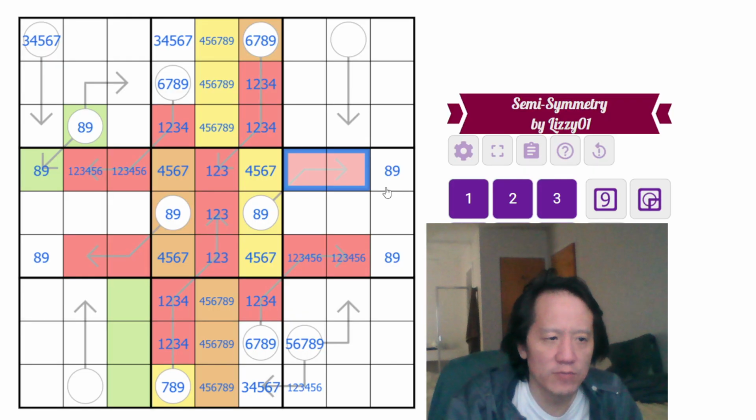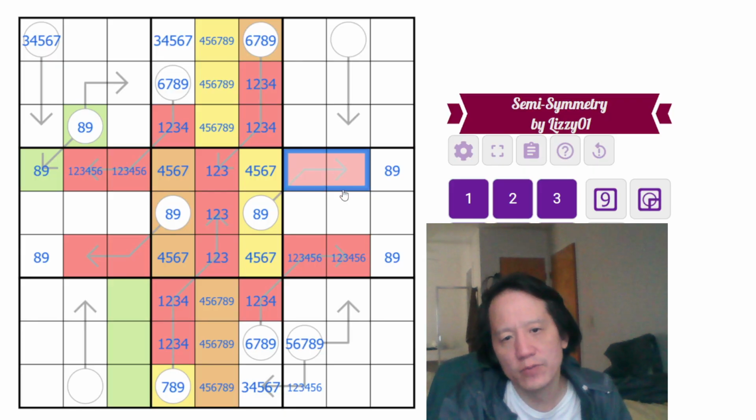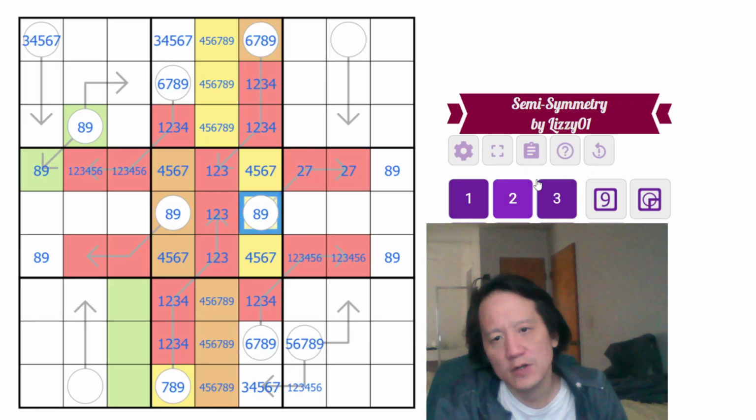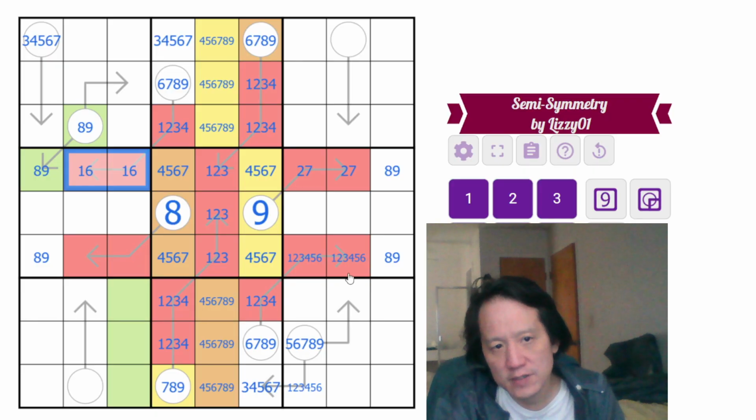Or 2, 7, and 1, 6. And I don't think that would work. Okay, so say this was 2, 7 here, right? Say this is 2, 7. This then becomes a 9. This is an 8. This has to be 1 and 6 at least.